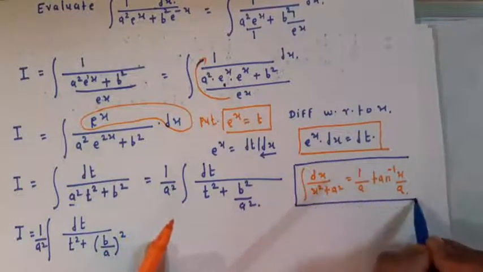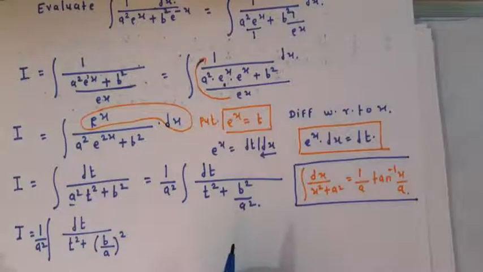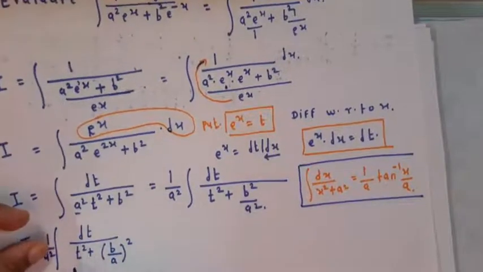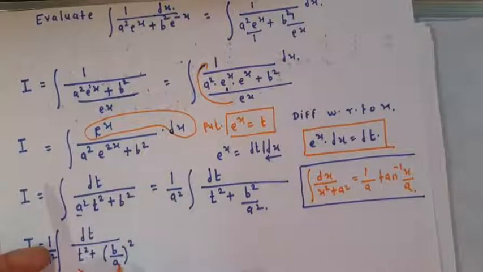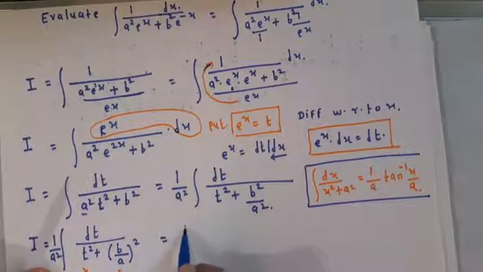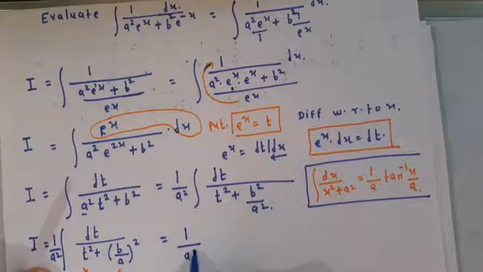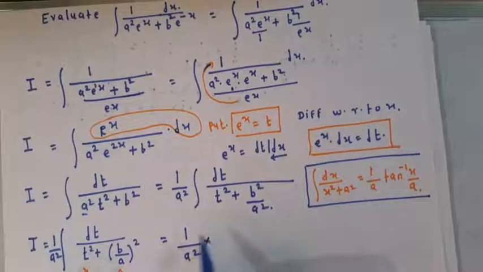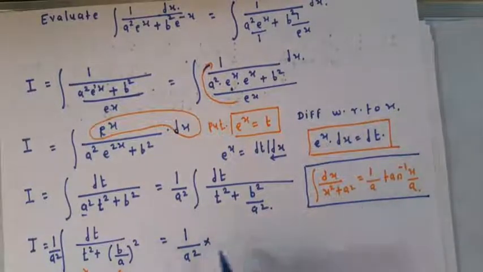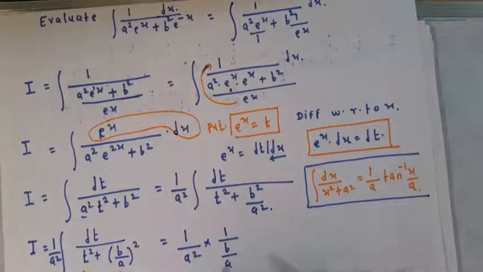So here t is x and b upon a is a. Put the values and we will get 1 upon a square as it is, into integration of this, which is 1 by a, that is 1 by b by a. This is the value of a.